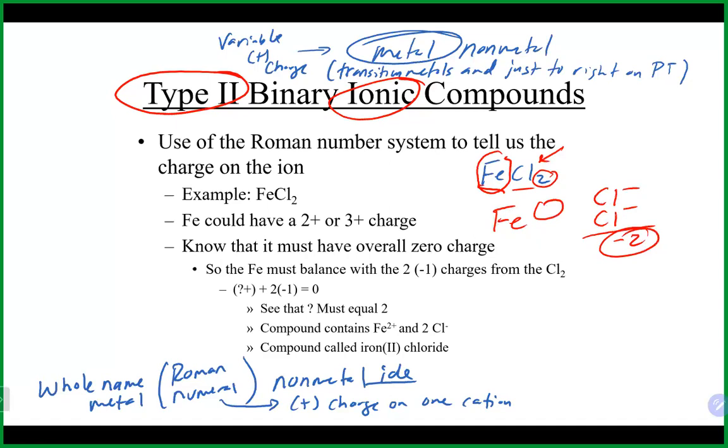And because an ionic compound has to equal 0, and there's only one iron, the iron here has to carry, in this case, a +2 charge, right, to balance it out. And that is the thing that you have to kind of figure out.